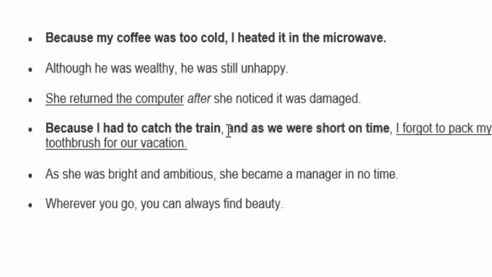So we have two dependent clauses here. Remember in the definition I told you that it can have at least one dependent clause, and so we see in the activity here we had a trick sentence. I forgot to pack my toothbrush for our vacation is our independent clause, and we have two dependent clauses.